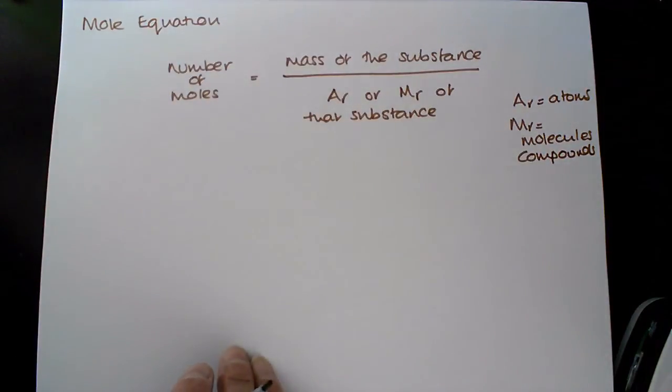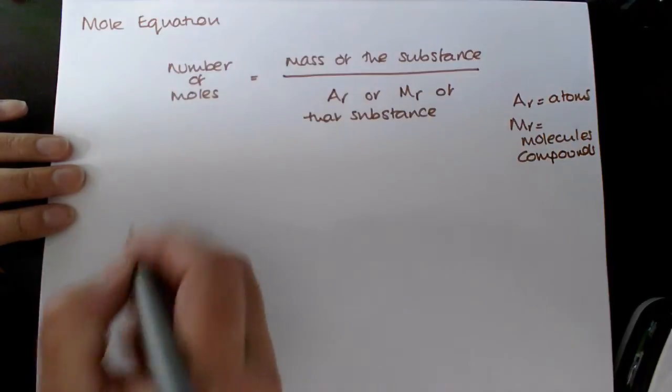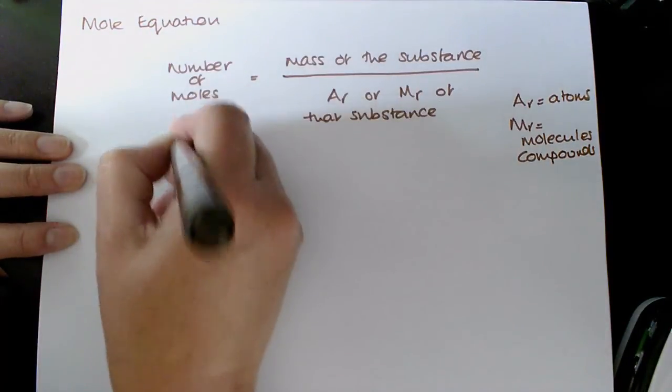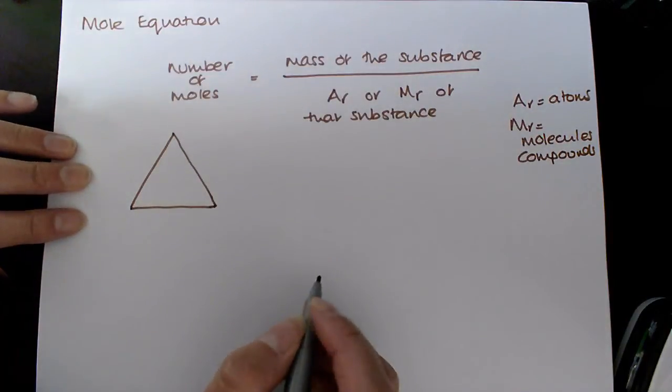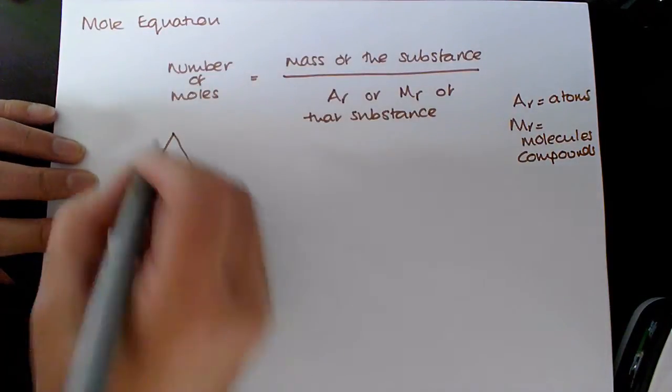Now we will be expected to rearrange that equation, so to make life a little bit easier we stick it into an equation triangle and we use a mnemonic, a way of remembering.